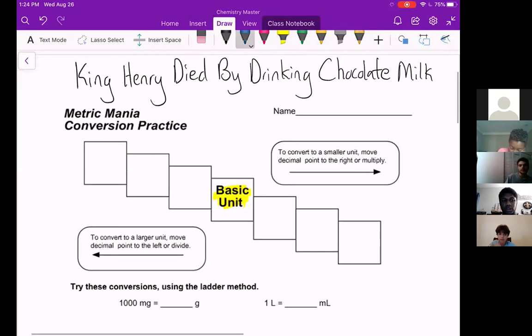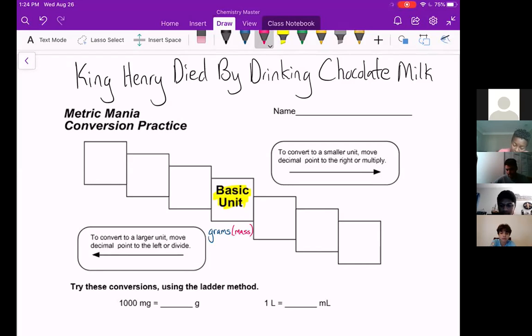The first one is grams, and grams measures mass. We'll talk about the difference between mass and weight, but don't worry about that now.